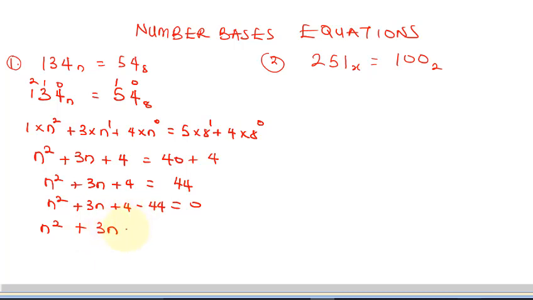Now 4 minus 44 gives us minus 40, so n squared plus 3n minus 40 equals 0.